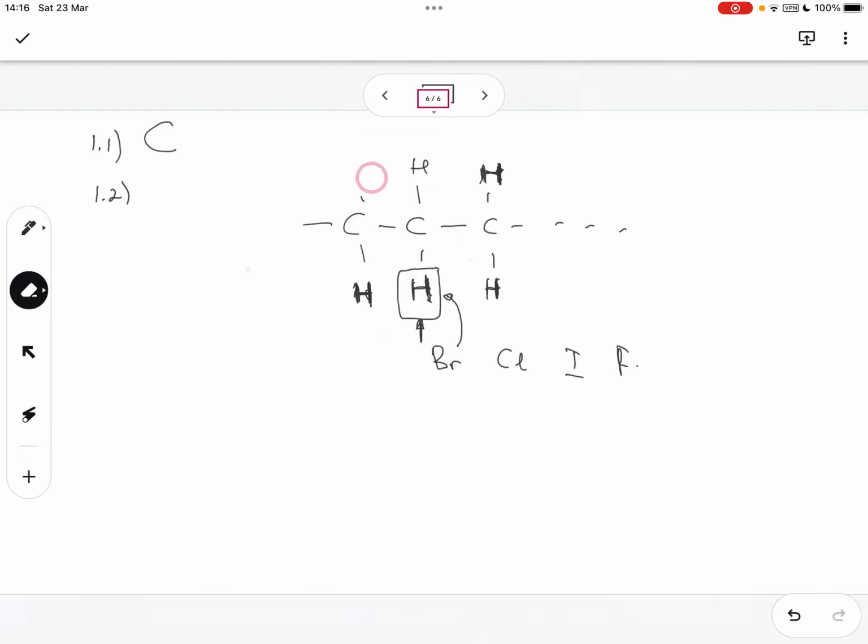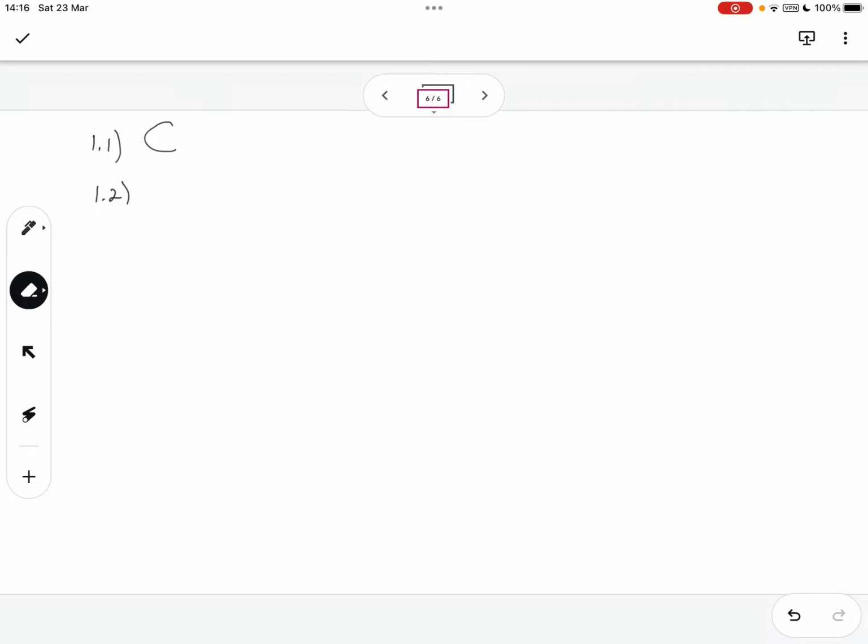Now esterification is another thing, and by definition it is the reaction formed when an alcohol reacts with a carboxylic acid. So in this case, the correct answer would be number D, esterification.